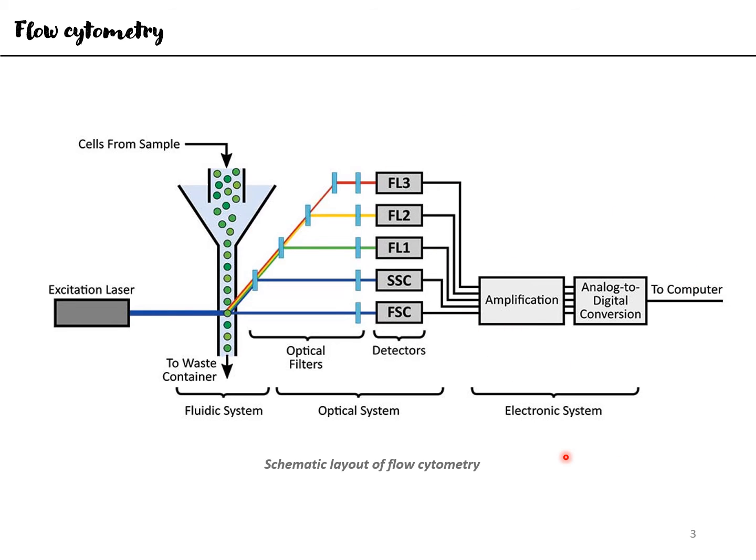There will be an analog to digital conversion, and now the computer will analyze the result and give you an output of how many total cells there were, what proportion of cells were emitting only this green fluorescence, what proportion was emitting only red fluorescence, what proportion was emitting a combination of say yellow and green fluorescence, and so on and so forth. Okay.